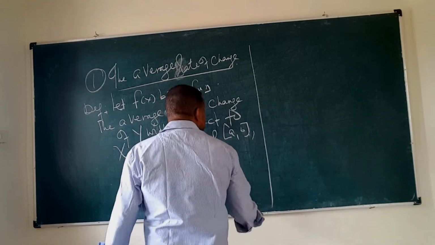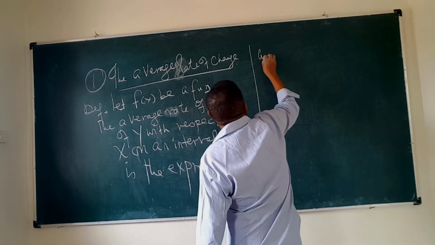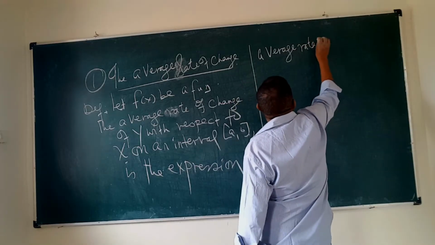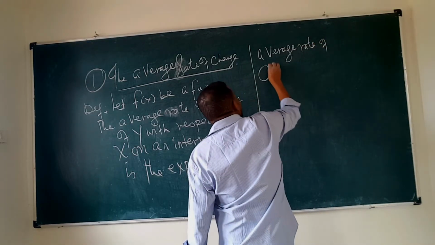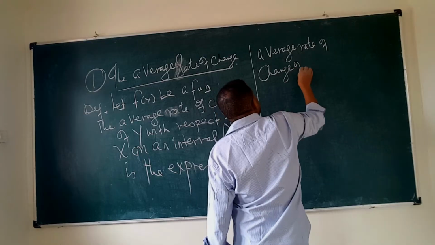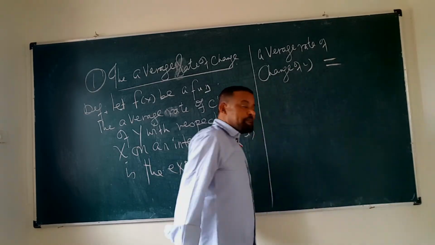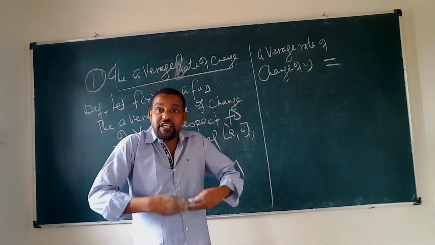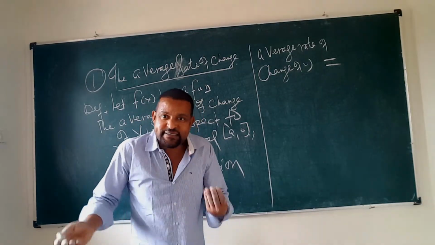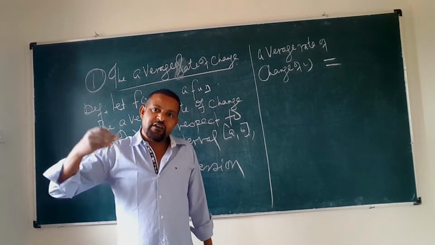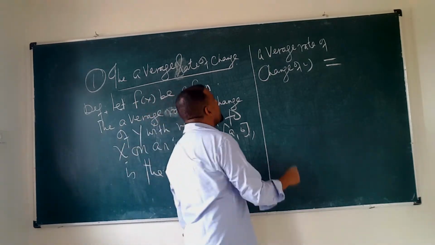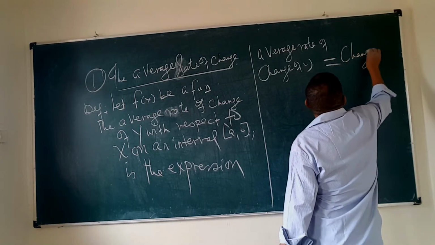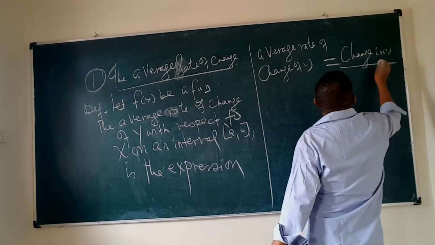The average rate of change of y means the change of the functional value of x: f of x1, f of x2, f of x3. So the average rate of change of y is equal to change in y over change in x.